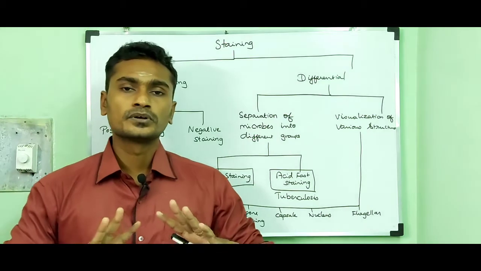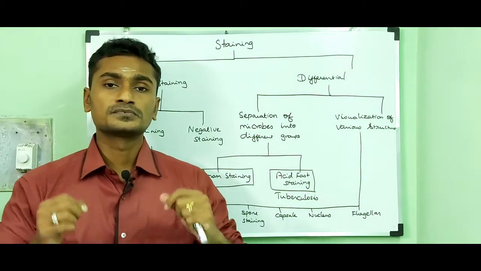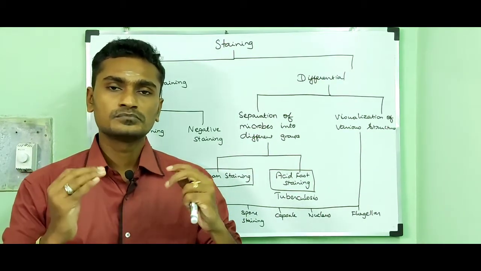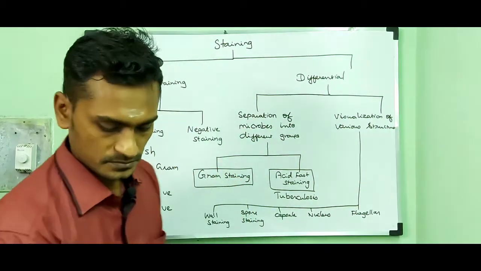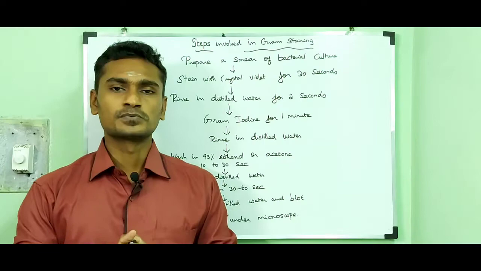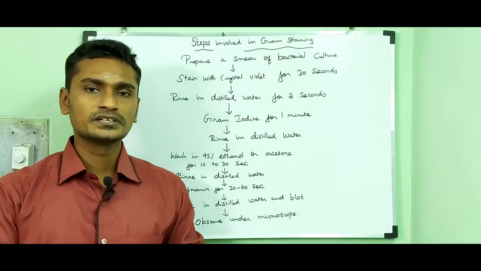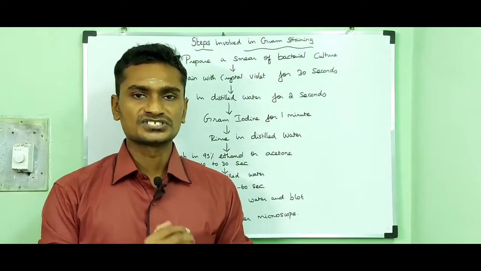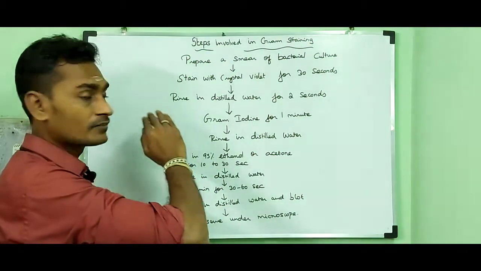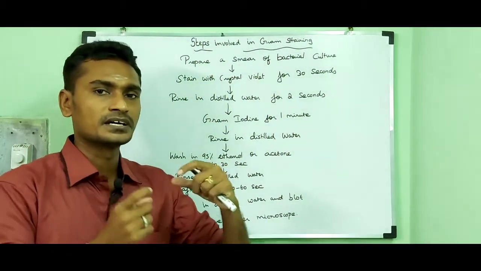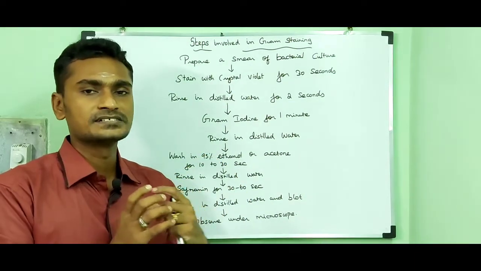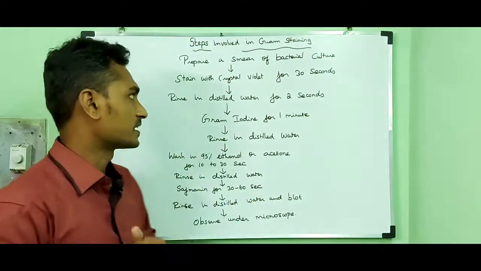So now I am going to tell about the steps which are involved in gram staining procedure. Let me explain the steps. The first step, we have to prepare a smear of bacterial culture. That means we have to prepare a streak of bacterial culture on a slide.